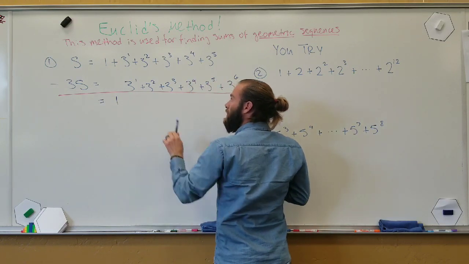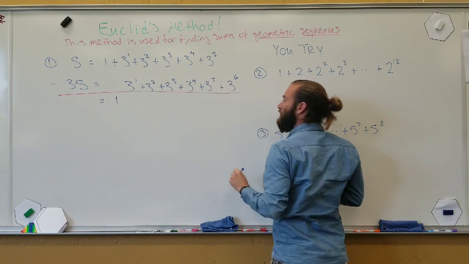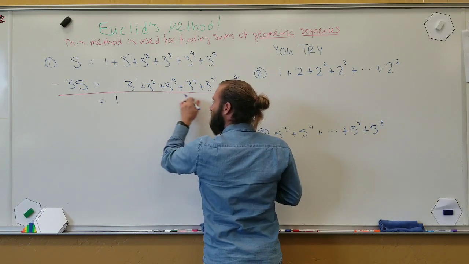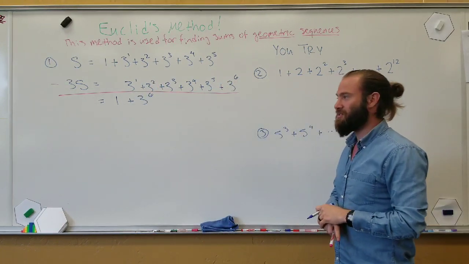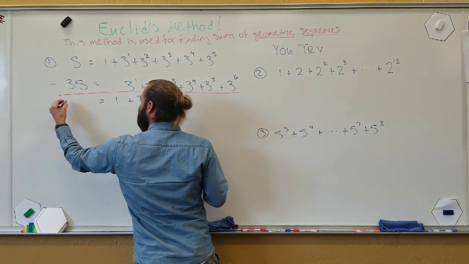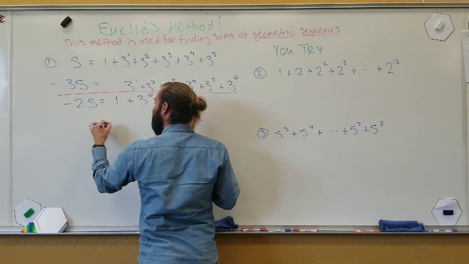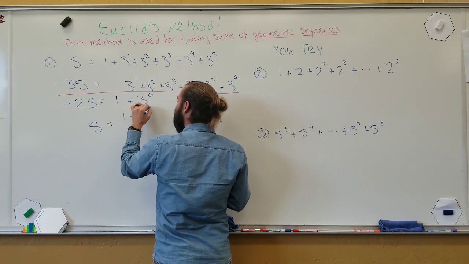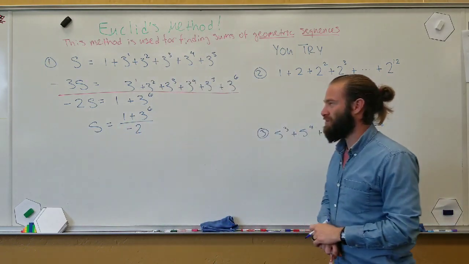Then this and this all the way up to here cancel out, and we're left with just a 3 to the 6th there, right? And S minus 3S leaves me with negative 2S. Therefore, our sum itself is 1 plus 3 to the 6th over negative 2.